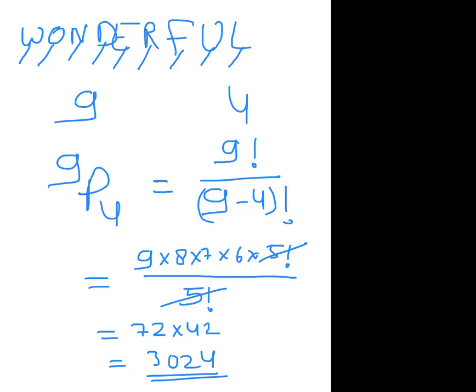If repetition is allowed, then it will be 9 into 9 into 9 into 9, because we need to make 4-letter words, and everywhere any of the 9 letters can come.